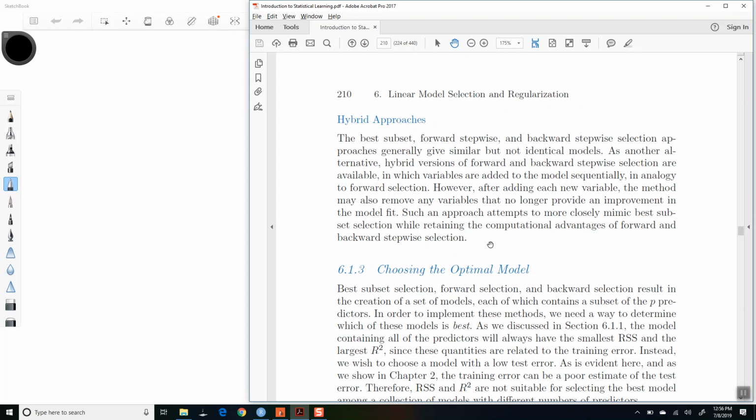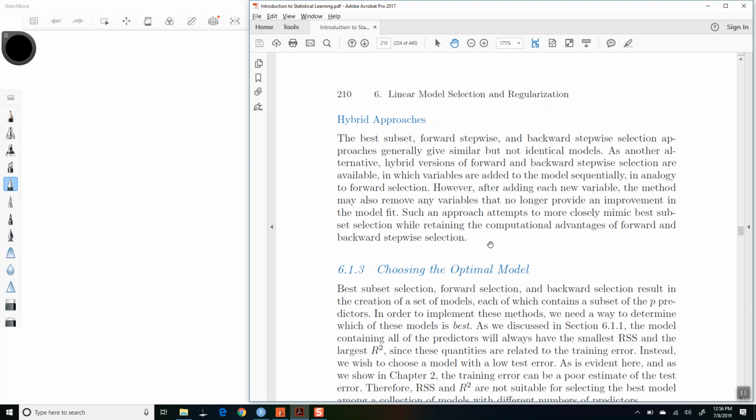So I'm trying to think. I think basically you add one variable and then you add a second variable, and then you try removing the first variable that was normally locked in. Then you lock in the second variable and try adding one of the other variables, and you say, out of there, which is the best two.